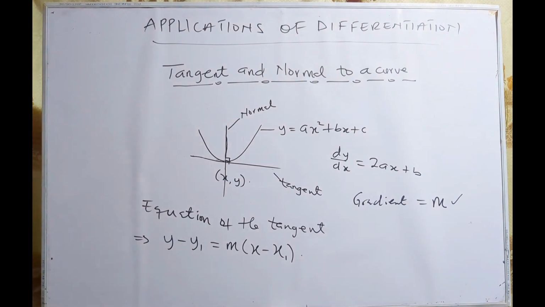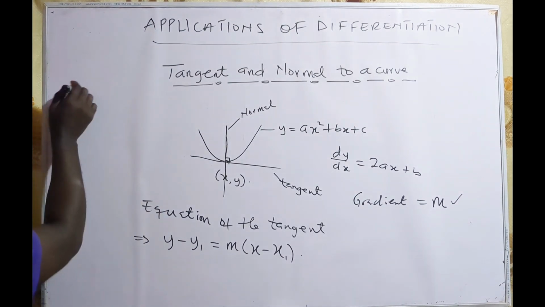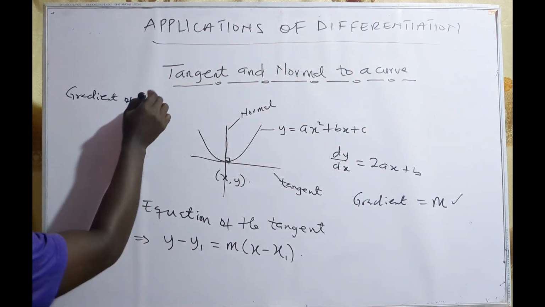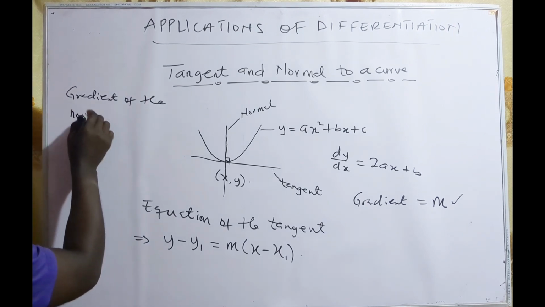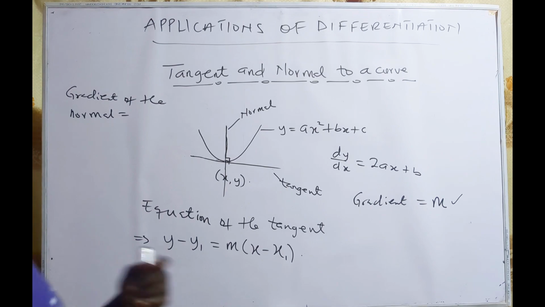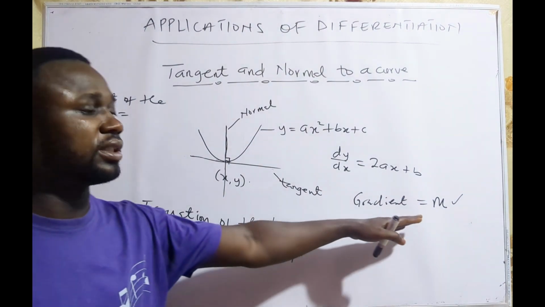And if the normal is perpendicular to the tangent, then the gradient of the normal becomes what? The negative reciprocal of the gradient of the tangent.